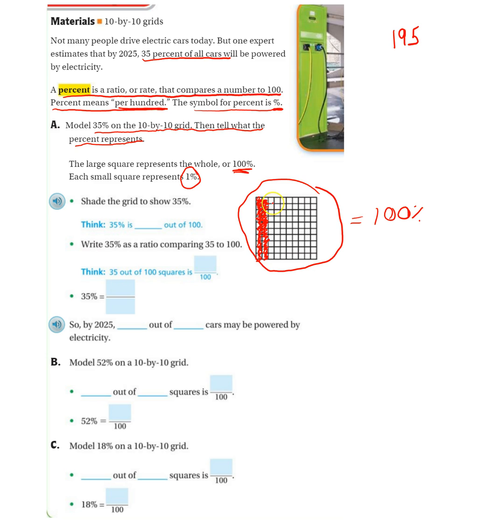It's going to be 20. I shade another row. Now I'm up to 30. And then I need 5 more. So 1, 2, 3, 4, 5.